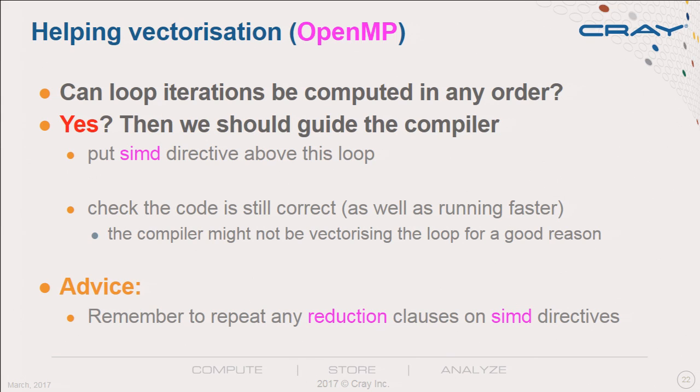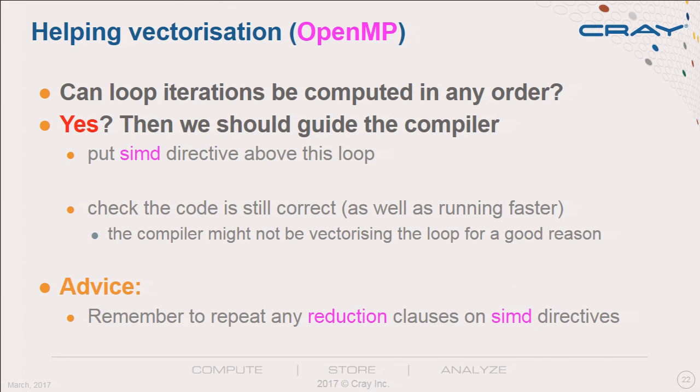If you are really sure that your loop has no dependencies and it should vectorize, but it does not, then you could also put the SIMD directive above the loop, really telling the compiler to do this vectorization. But you should then check the correctness of your computation.